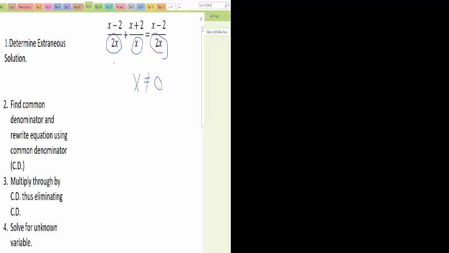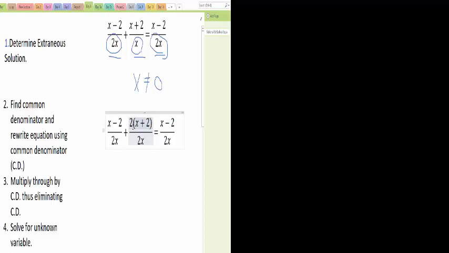So next, we find a common denominator. Between these, 2x would be the common denominator. And when we make all of the denominators 2x, we have to change the second fraction by multiplying the top and the bottom by 2. And now we multiply through by 2x.